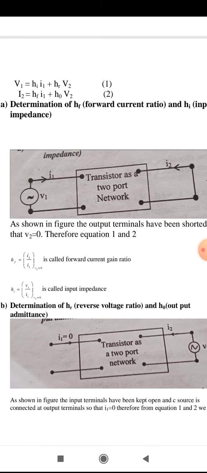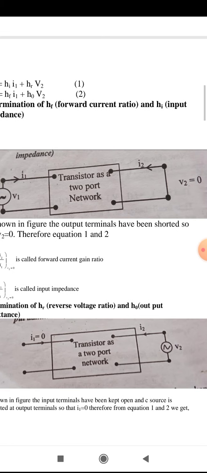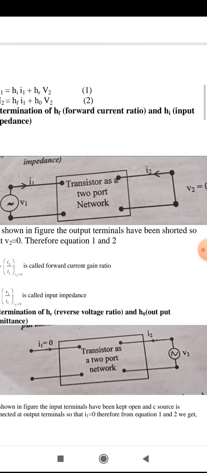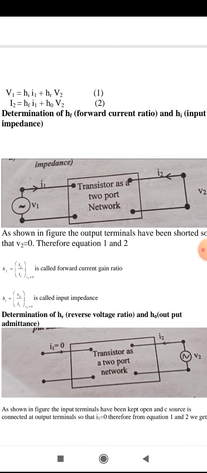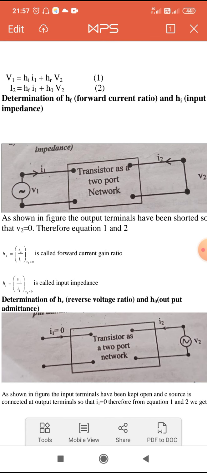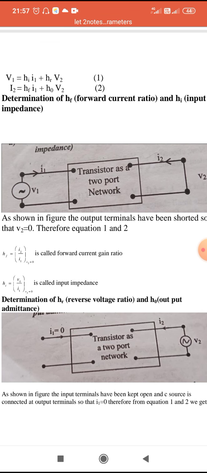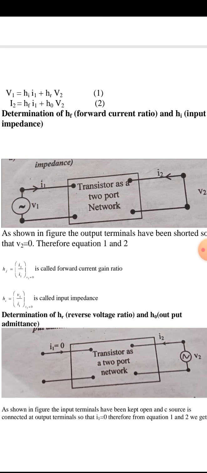Similarly, calculate the reverse voltage ratio and output admittance. For the calculation of the reverse voltage ratio and output admittance, the voltage is applied from the output side, the V2 side, and the input side is open. The figure shows the input side is open and the voltage is applied to the V2 side.